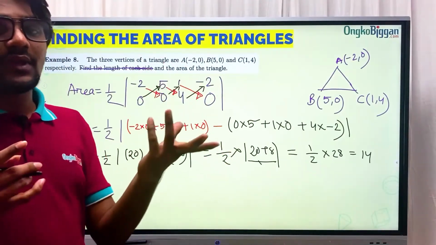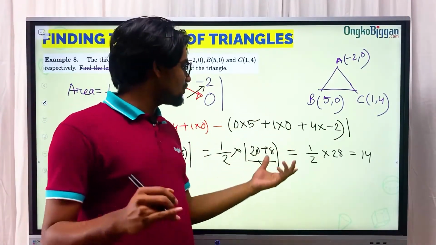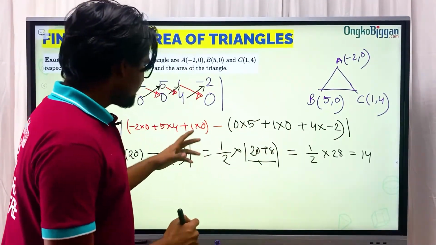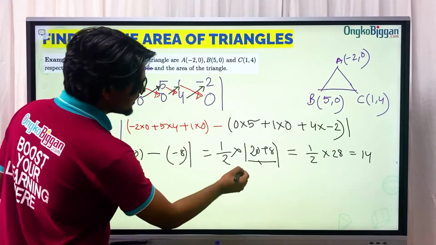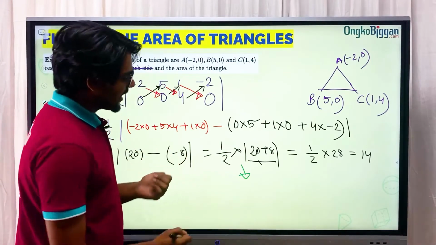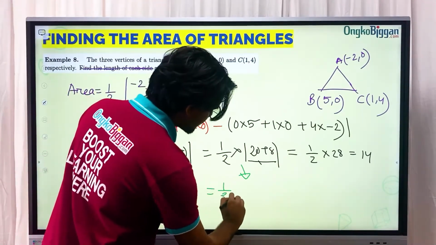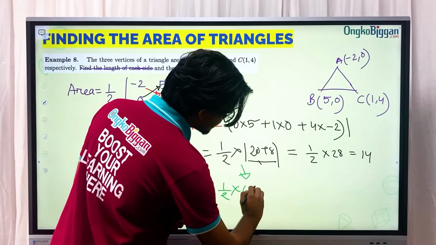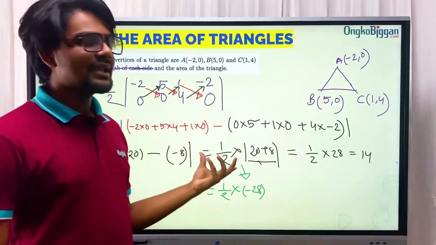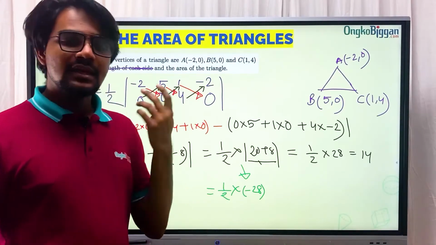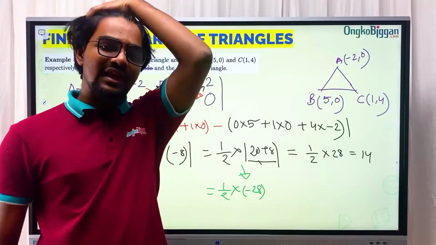So we need a way to convert those negative values into a positive value. For example, let us say the value actually came out as half into minus 28. Are we going to write the area of the triangle is minus 14 square units? Actually not, because area can never be negative.